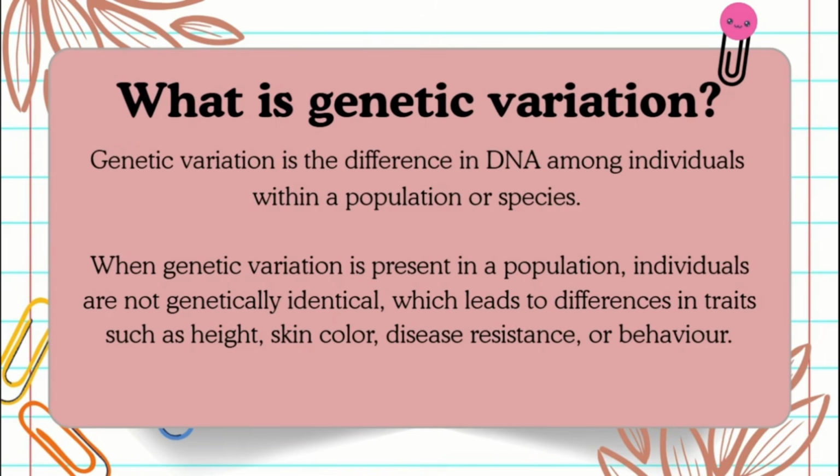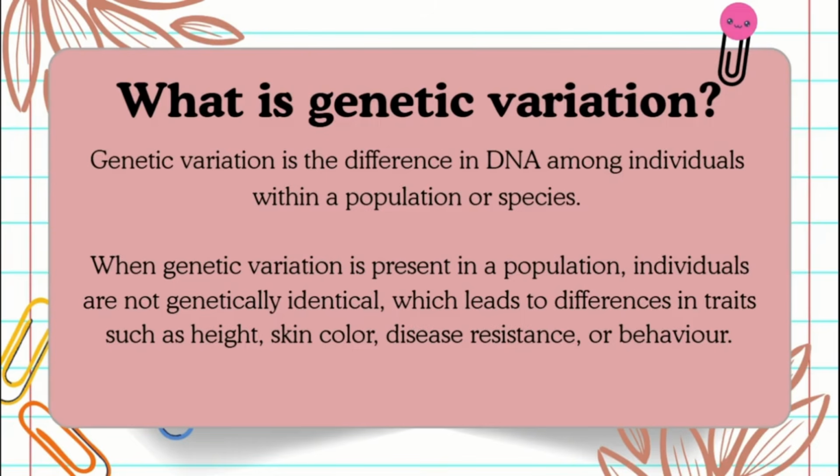No two people who are products of sexual reproduction are the same. Their genotype, if you remember what genotype is, basically the genetic makeup of an organism, is always different, right?